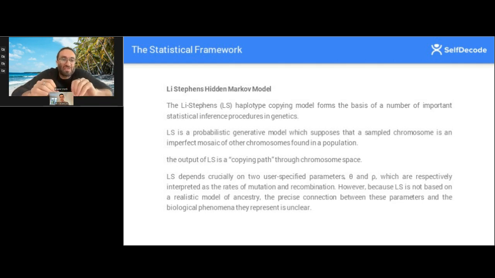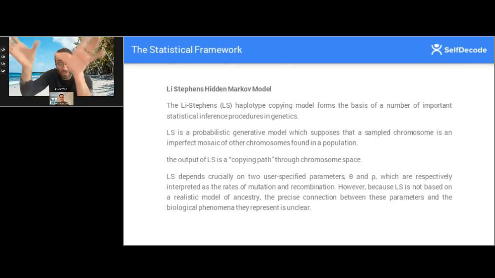So it's a probabilistic generative model which supposes that a sampled chromosome is an imperfect mosaic of other chromosomes found in a population. Let's put this into normal English. If I am trying to find out what your chromosome looks like, a way to think about it is that if I had the chromosomes of a bunch of other people, your chromosome would basically be a mosaic of all these other people's chromosomes, because we all had ancestors and we have tons of common ancestors.